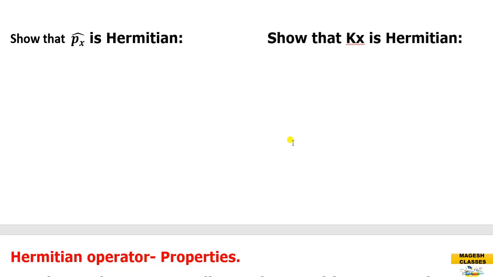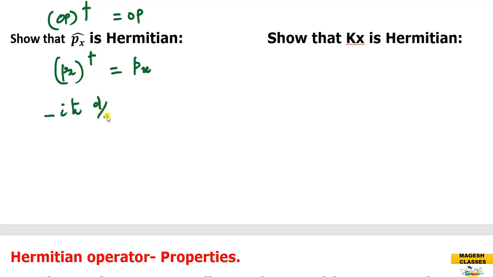For the Hermitian condition, the adjoint of the operator should be the operator A. Simply say, the operator's adjoint is equal to the operator. So this is the condition for Hermitian. I replace this Px value, that is minus i h cut d by dx, dagger, and I am going to find out whether this value is equal to Px.